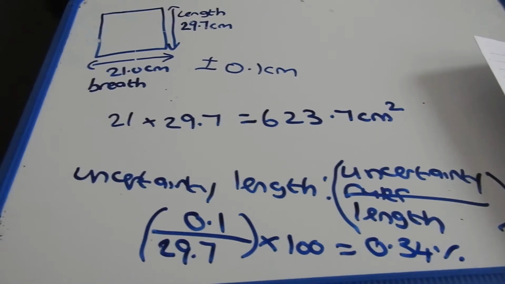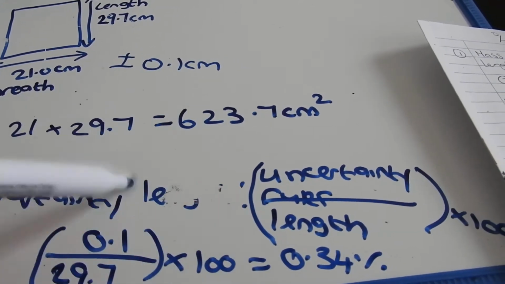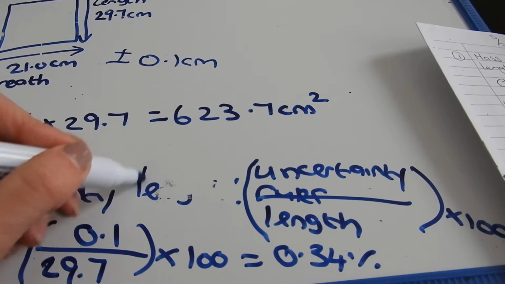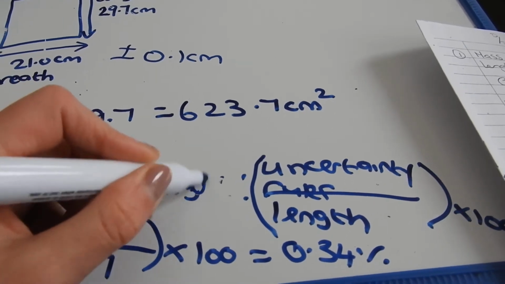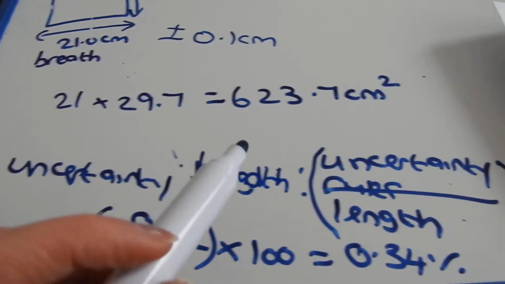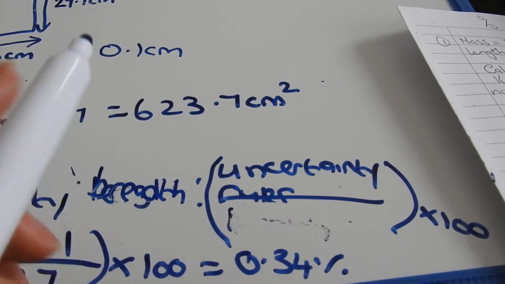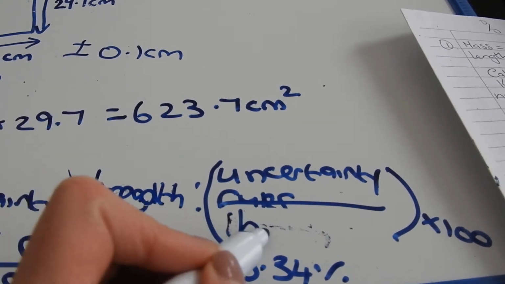The next one we have to do is the uncertainty in the breadth. To save me putting down the camera, I'm just going to write over this one. It is the same as the length. You do your uncertainty of the ruler divided by the value we actually calculated for our breadth.